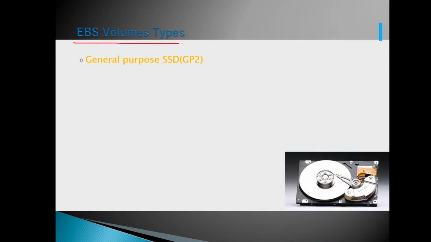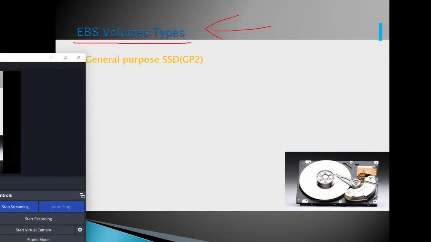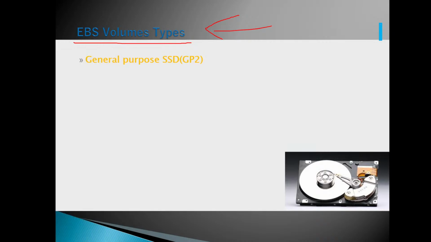Now we have to understand the types of EBS volume. We have learned the types of EC2 machines. We have understood the categories of S3, how the data is stored on S3 in different tiers. Yes or no? We have gone through the different EC2 machines and S3 tiers, right?